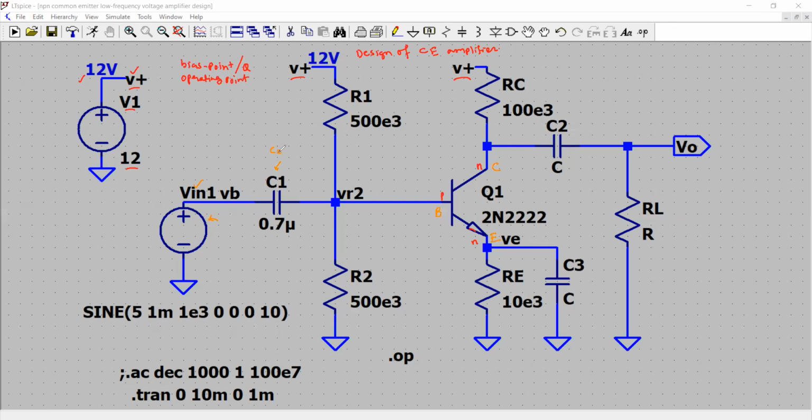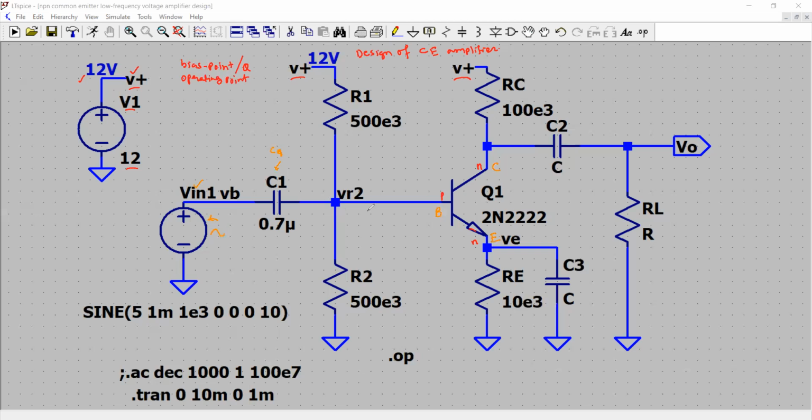This is, let's say, C1. So I am calling it a coupling capacitor. The role of this coupling capacitor is to block the DC voltage across its two plates and pass the AC that I'm going to apply as a small signal input to the base terminal.